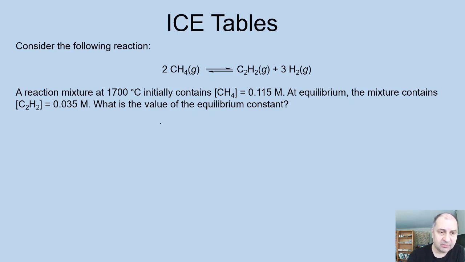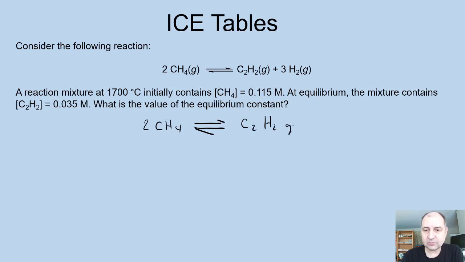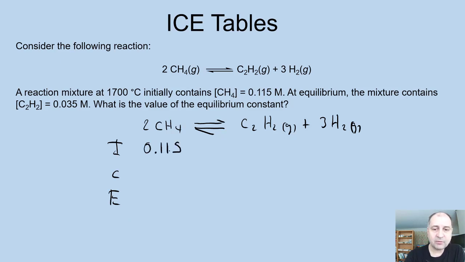So I would always write the reaction above, CH4 and keep that in there, the stoichiometry, since it's important. C2H2, and 3H2. And so you can turn this into an ICE table. We know that the initial concentration of methane is 0.115, and then we are told this is 0 and 0 initially, right?